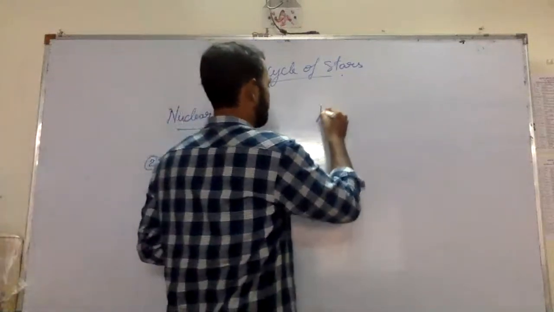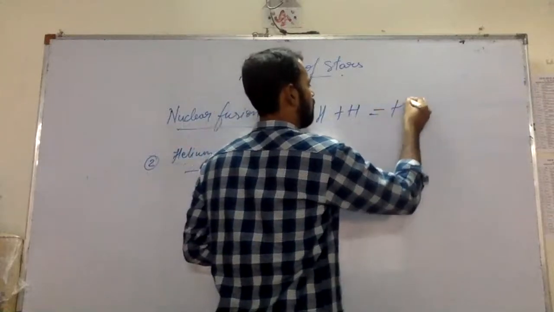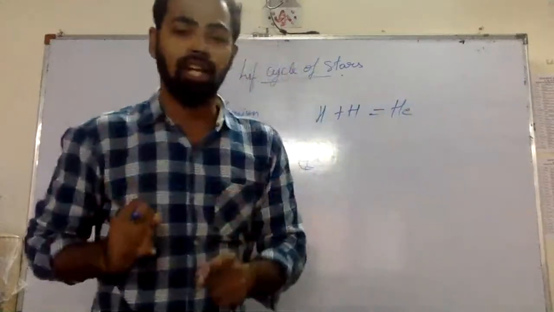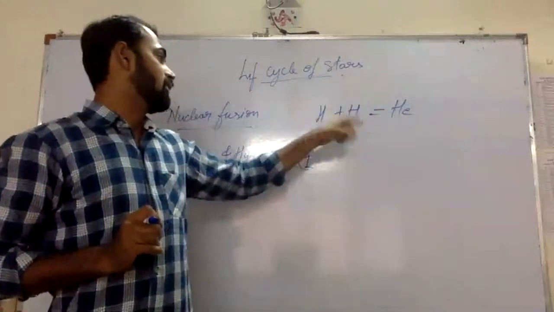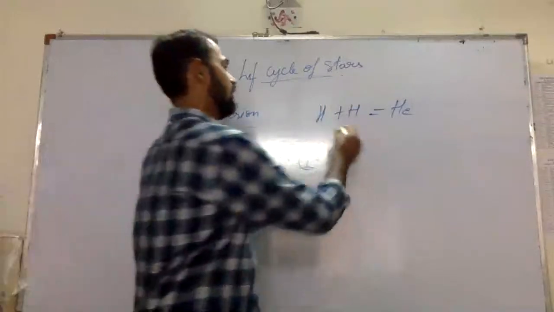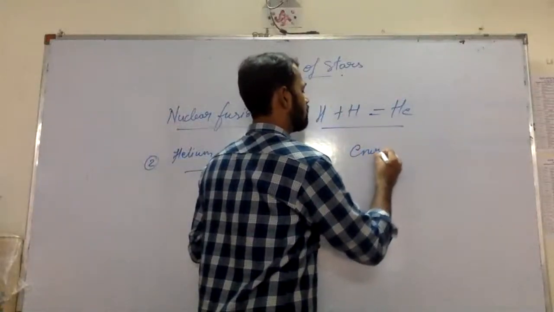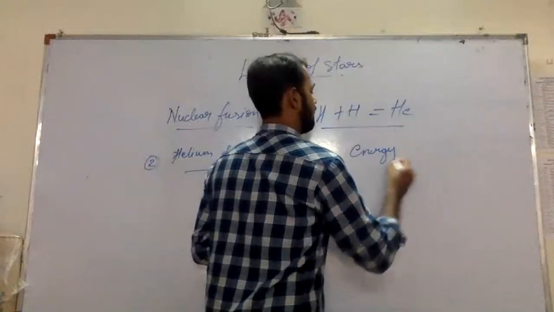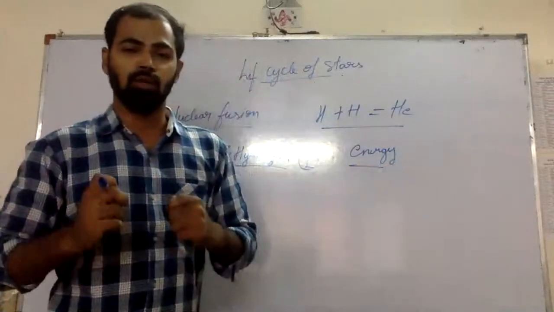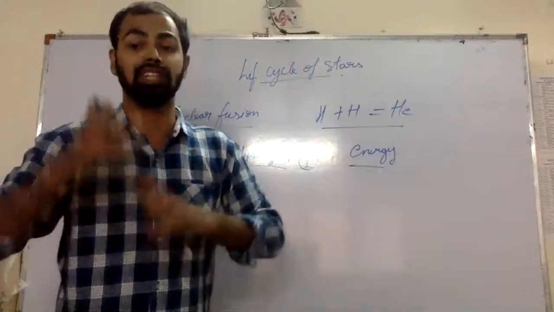Two hydrogen nuclei combine together to form a helium nucleus. During this, a lot of energy is emitted, energy in the form of heat and light.